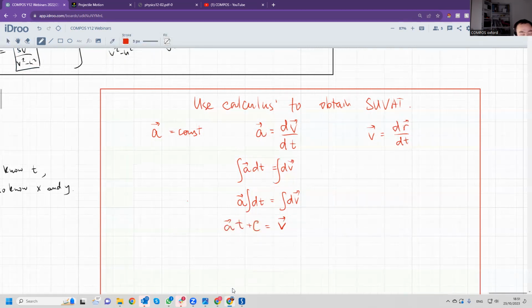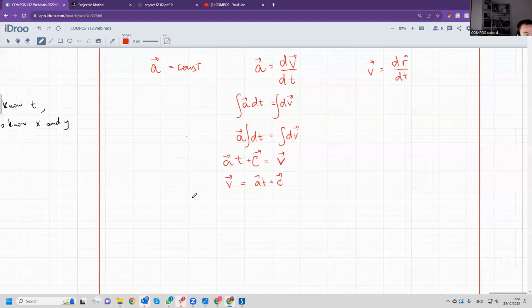So v equals at plus c, and what is c? Well, when t is 0, v is equal to c.